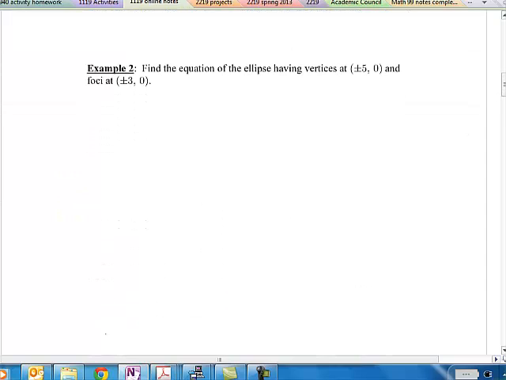Find the equation of the ellipse having vertices at positive or -5, 0, and foci at positive or -3, 0. This gives us all sorts of information. So the vertices are always going to indicate what a is. So a would be 5, and the foci will tell us what c is.